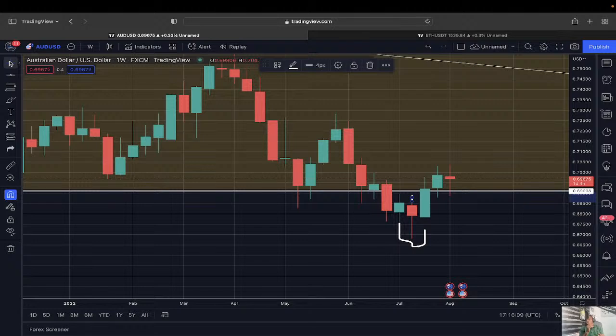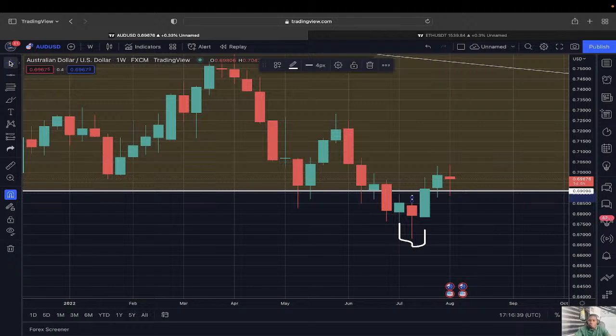Number two, there is a pin bar. Price is at a demand zone and there is a bullish pin bar. This is giving us some confluence to say that there is bullish momentum coming in.